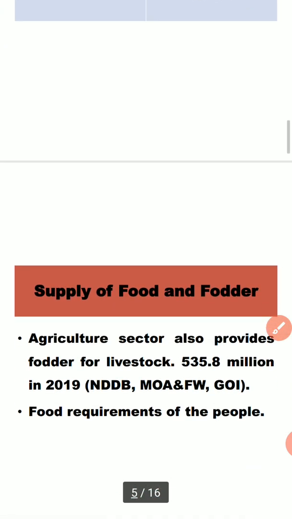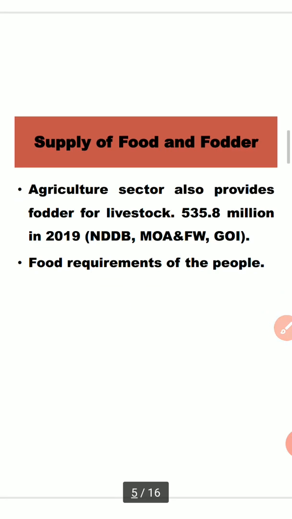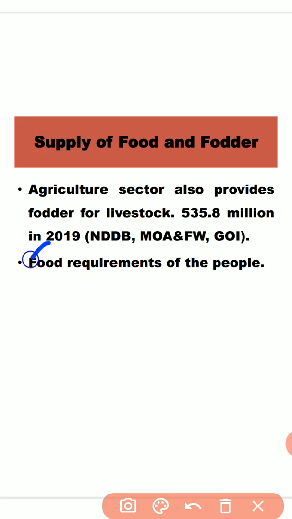Next point is supply of food and fodder. Agriculture sector provides two basic important things to the people and the livestock, the animals. For people, it provides much needed food.